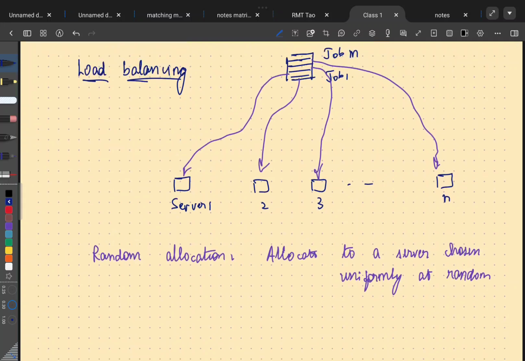Suppose you did the best form of allocation, and you have m jobs and you allot them to n servers in the most balanced way possible. How many jobs should be allocated to each server? In general, m by n. In fact, if there are n jobs and n servers, exactly one job should be allocated to each server.